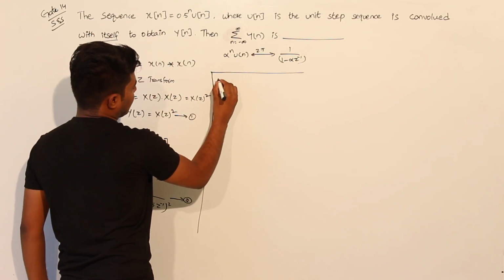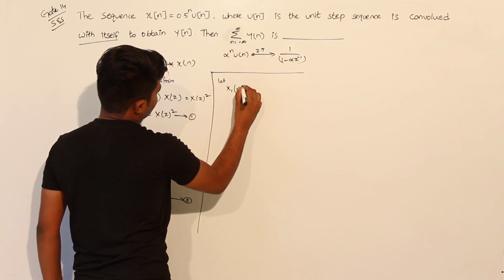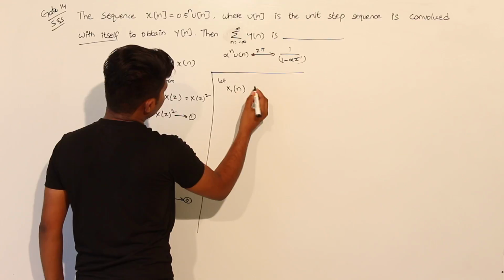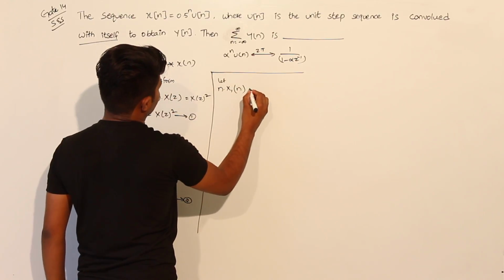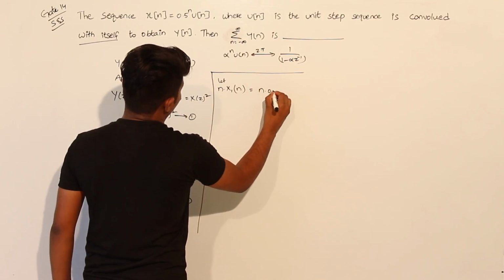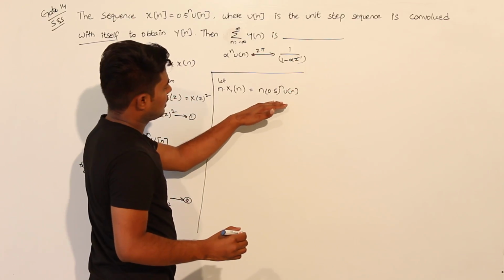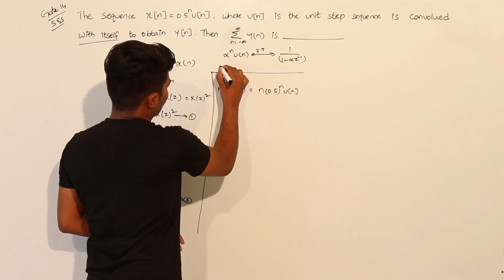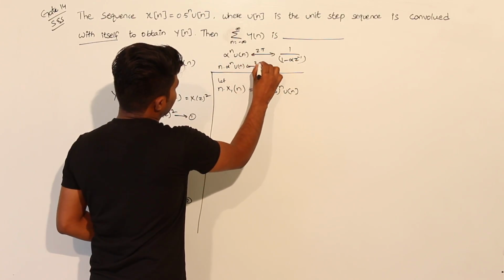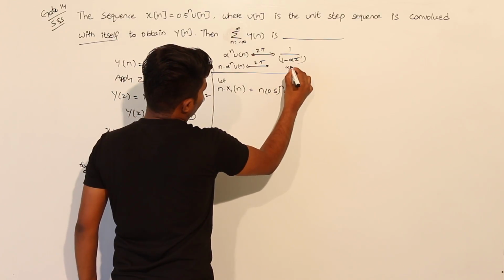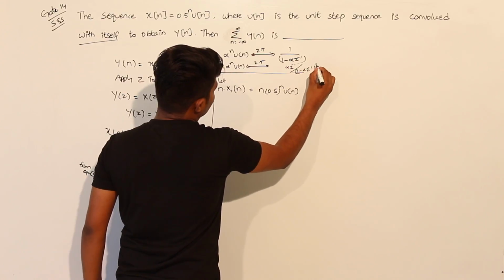Now we will write, let x1 of n be equal to n into 0.5 whole power n u of n. Whenever you encounter n into alpha power n u of n, if you apply z transform, you will get alpha z inverse by (1 minus alpha z inverse) whole square.